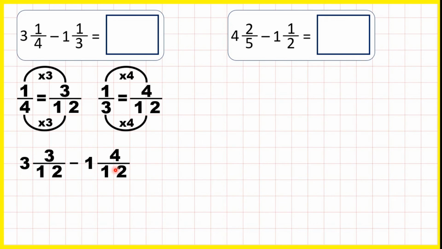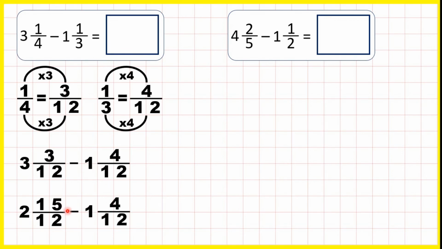But we have a problem here. If we look at the fractions, we've got 3/12 minus 4/12, and when we have that, we need to exchange with our whole number. So what we do is take 1 from our whole number, so 1 less than 3 is 2, and that means we can add the denominator to the numerator, so 12 plus 3 is 15, so we can write 2 and 15/12 instead of 3 and 3/12, and we're still subtracting 1 and 4/12.